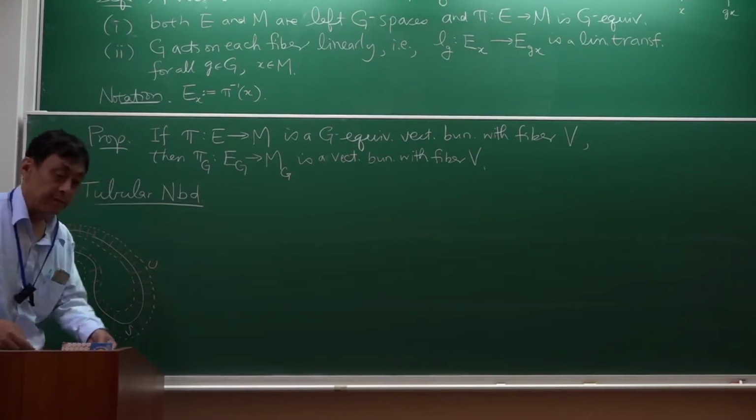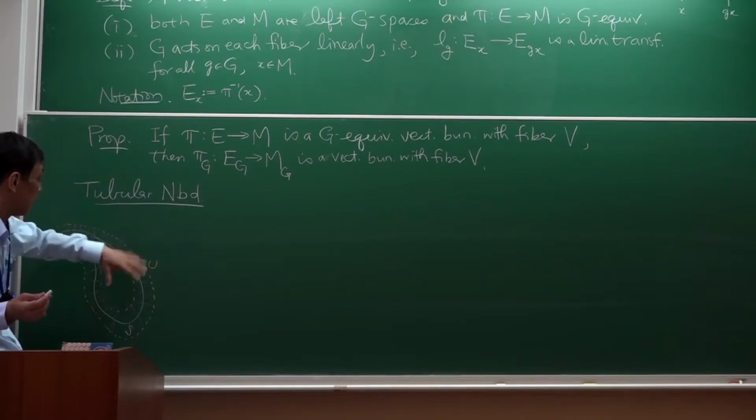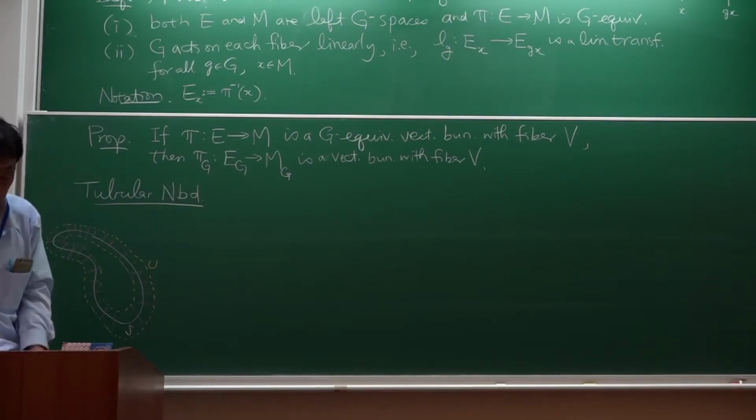So that's the definition of a tubular neighborhood. It's something that looks like a tube, and it has the structure of a vector bundle over S.